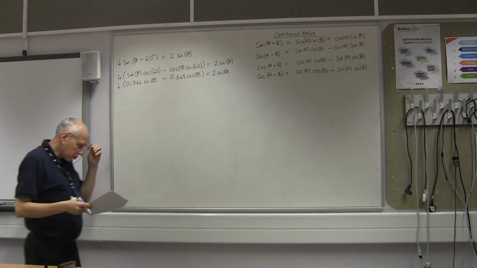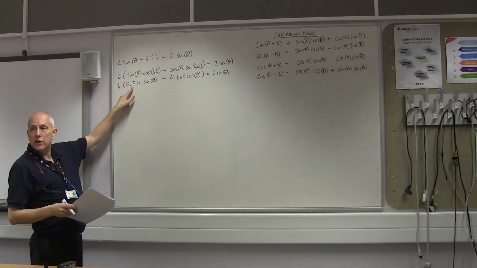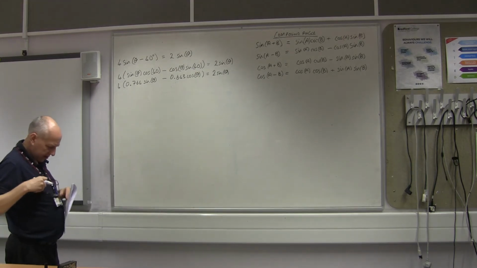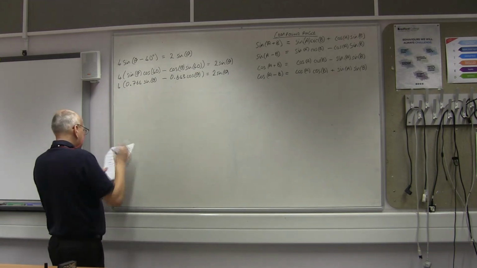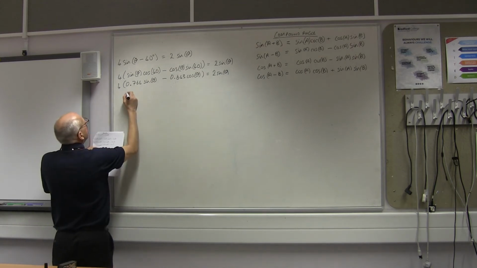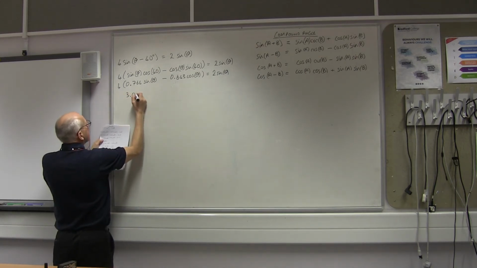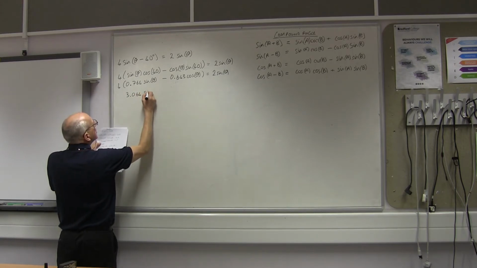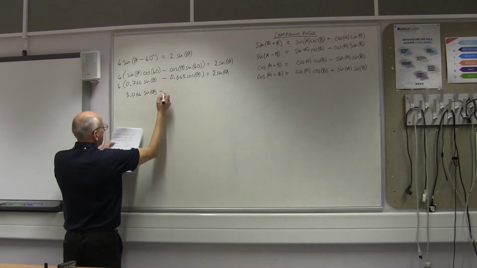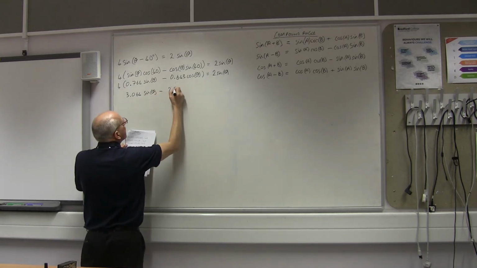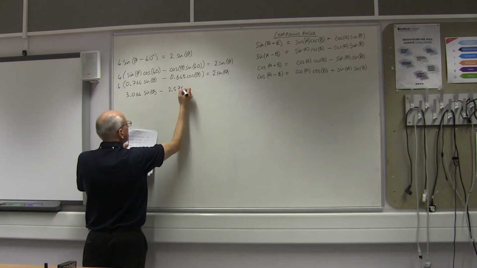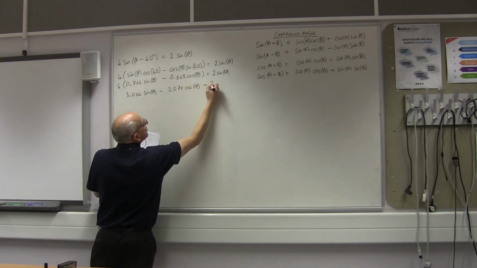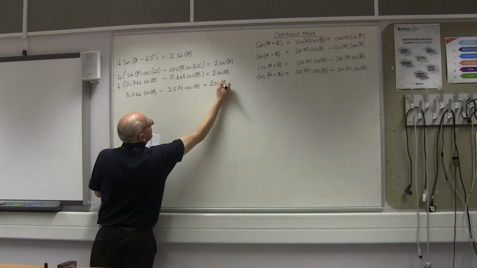And then the next step is to multiply out my brackets, so multiply the 4 into these two numbers, and then I've got rid of my brackets. That's just a simple calculator function, and it gives me 3.064 sine theta minus 2.571 cos theta equals 2 sine theta.